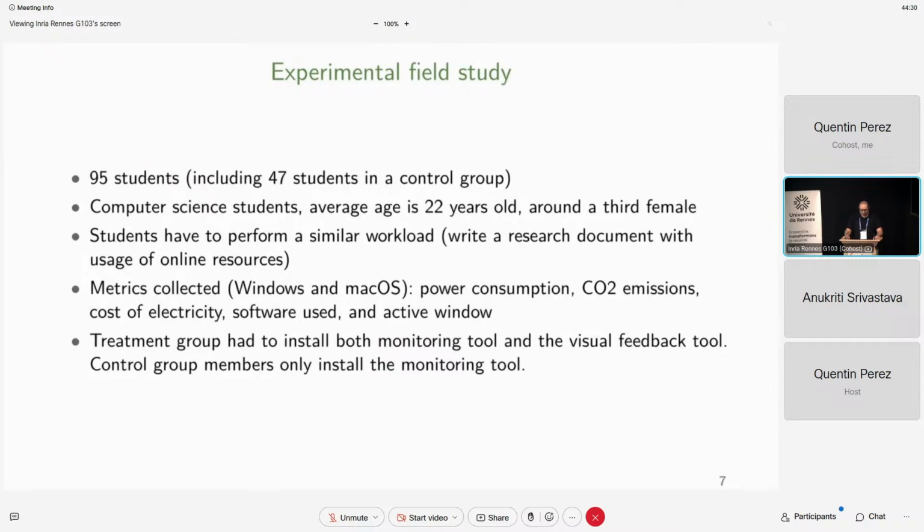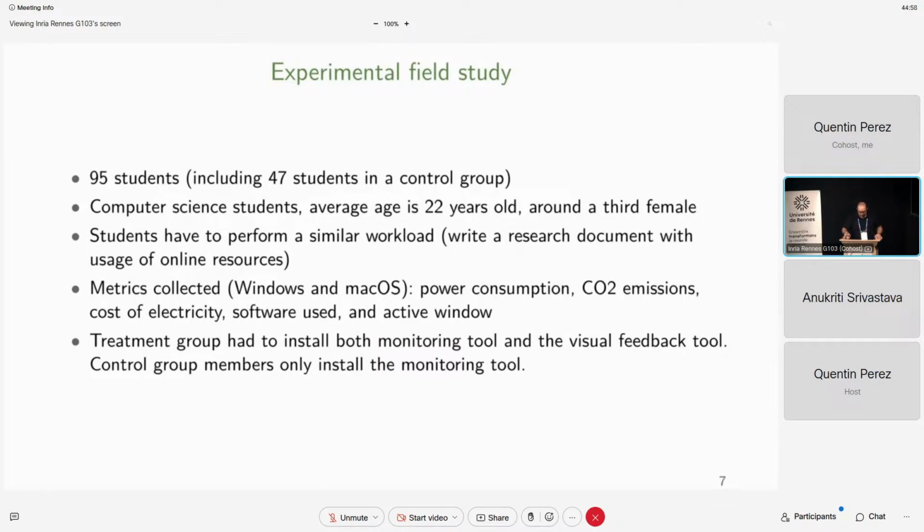They had to do a similar workload: everyone had a research project to do during a 2-hour session in class using online resources. We collected power consumption for everyone, CO2 emission, electricity cost, but also which software they were using and which was the active window, so we can observe if they change the software or change the window or do something else.